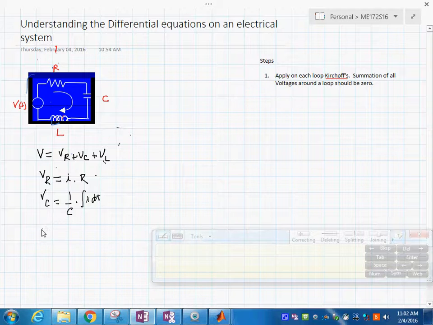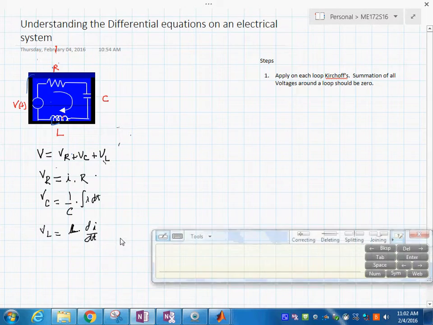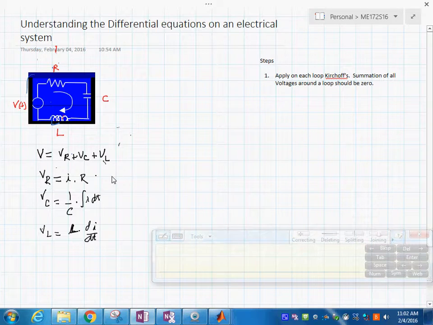And the voltage of the inductor is L times di dt. So these are the very basic concepts upon which each one of those elements is defined.